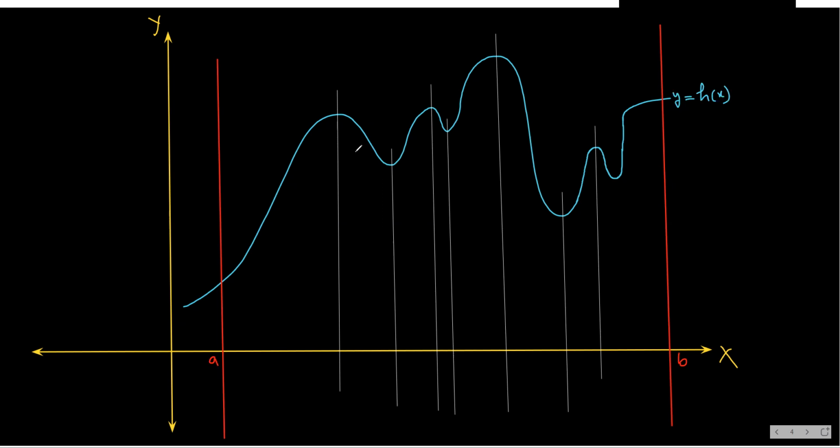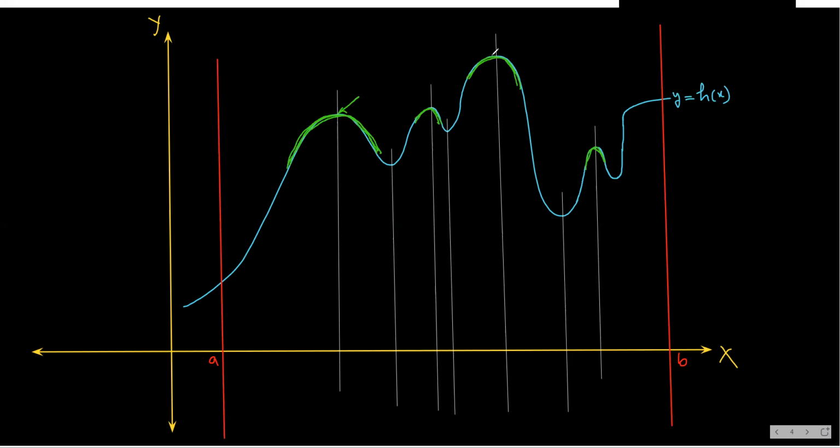Whenever you see such a shape in the function, like a dome shape, you should understand that the function has a local maximum at this point. Again, here also maximum, then maximum, then here also maximum. So the function has 1, 2, 3, 4 places where it has a maximum.